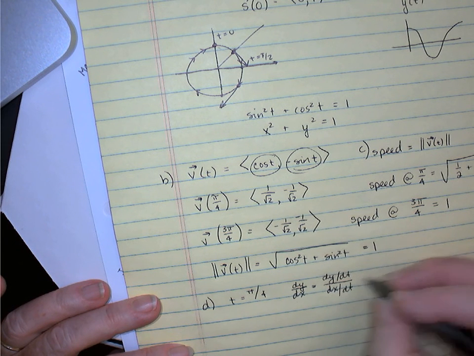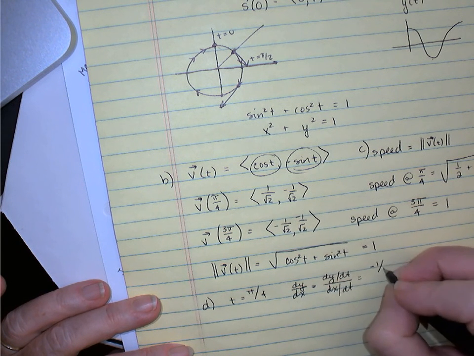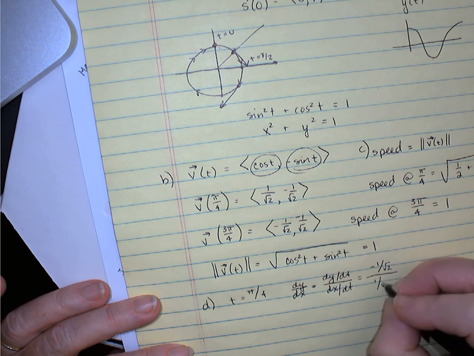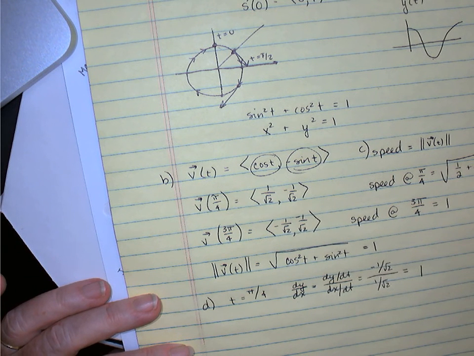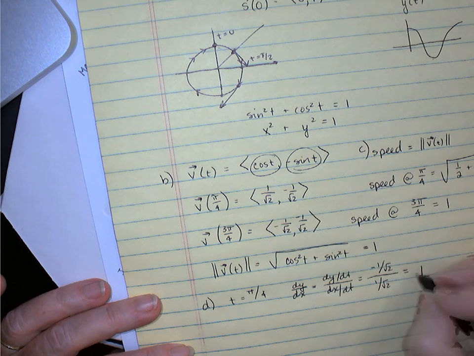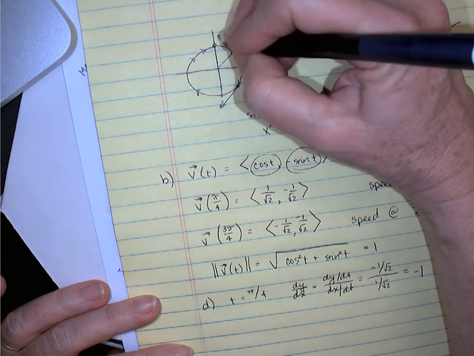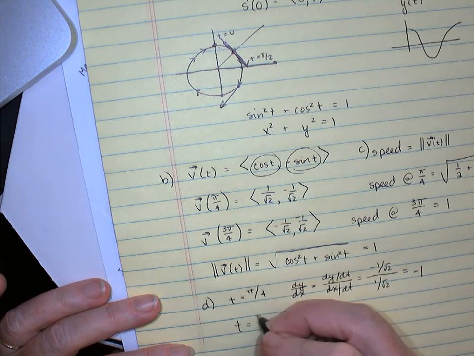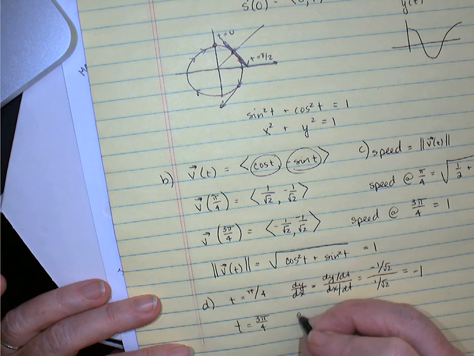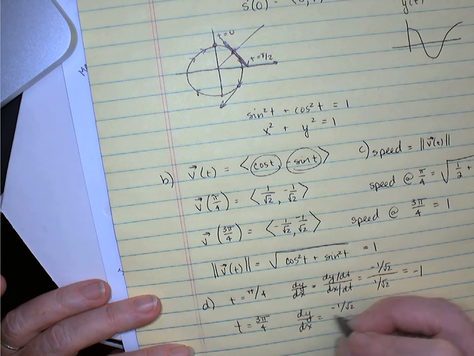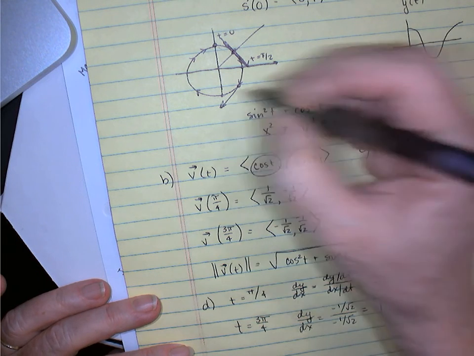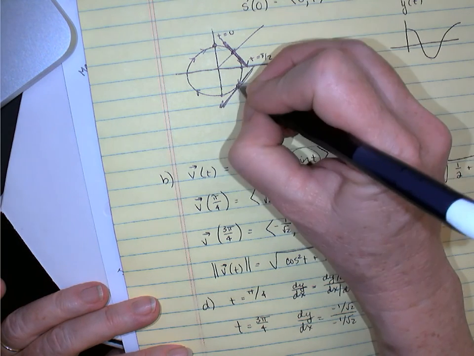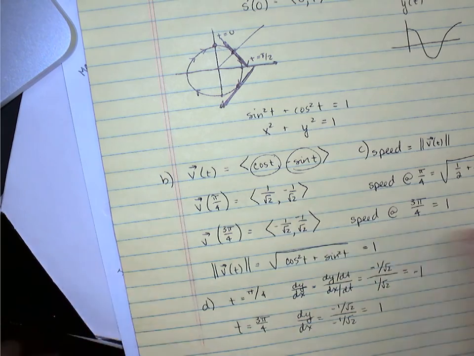So at pi over 4, I'm just going to have -1 over root 2 over 1 over root 2, which in fact is -1, which makes sense because it definitely looks like the slope of that line is -1. And at t is equal to 3 pi over 4, same thing, dy/dx is going to be -1 over root 2 over -1 over root 2, which is going to give us 1. And again, we're located right at this point, so the slope of that line definitely is 1.